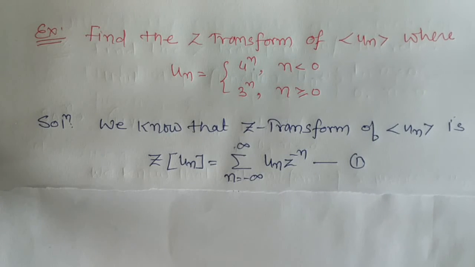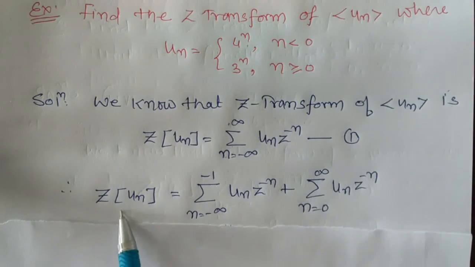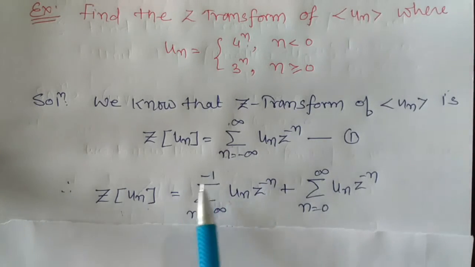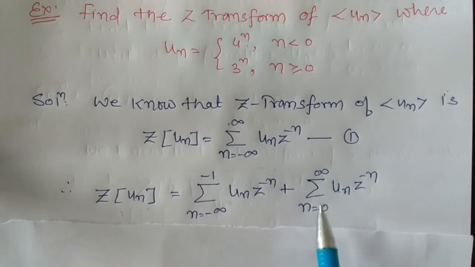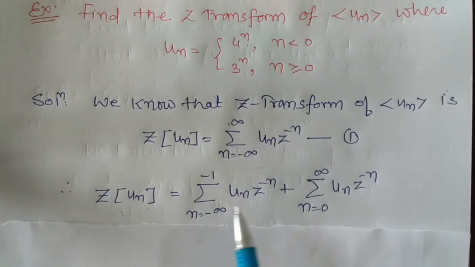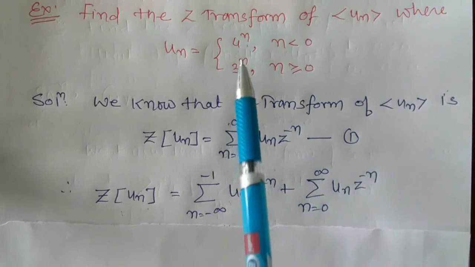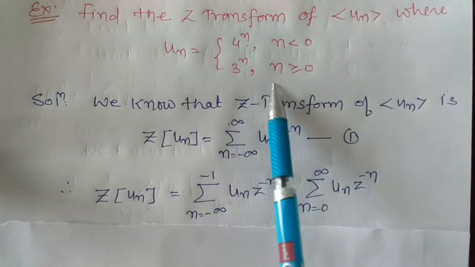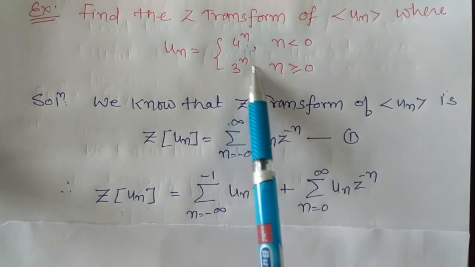So after splitting this summation we get the z transform of the sequence u(n) is summation n goes from minus infinity to minus 1 u(n) z power minus n plus summation n goes from 0 to infinity u(n) into z power minus n. Now for the negative range of n, the value of the sequence u(n) is 4 power n, and for the positive range of n, the value of the sequence u(n) is 3 power n.